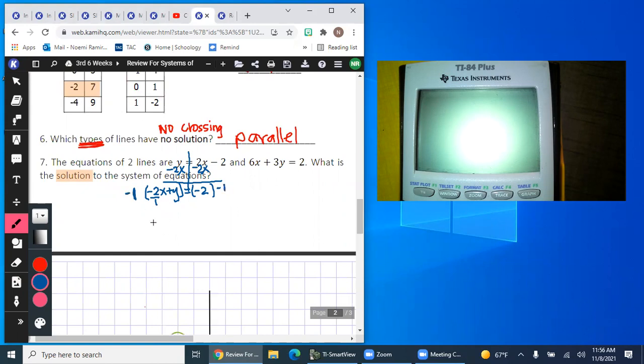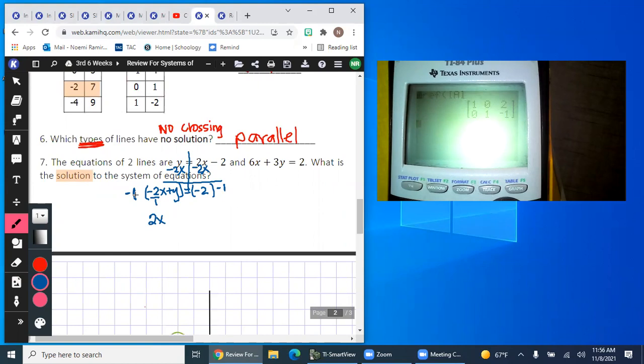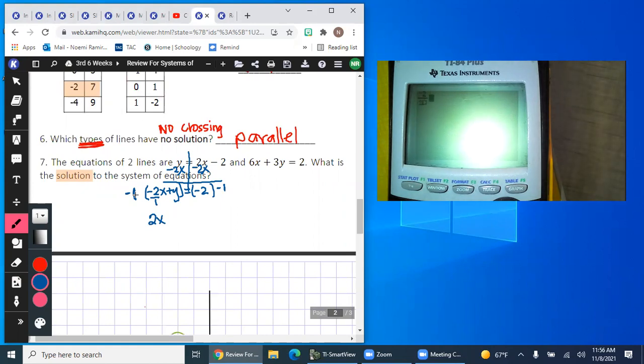So that should give you positive 2x whenever you multiply. Or I guess I should show you, right? Negative 2 over 1 times negative 1 gives you a positive 2. And then negative 1 times y is just negative 1y. Negative 2 times negative 1, positive 2. I just want to show you this other one because it's a fraction.